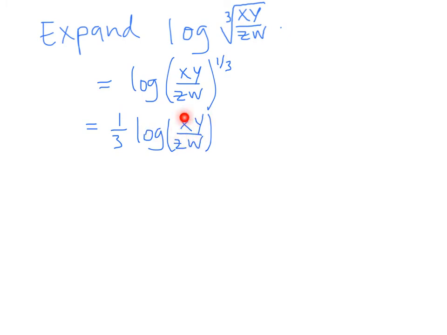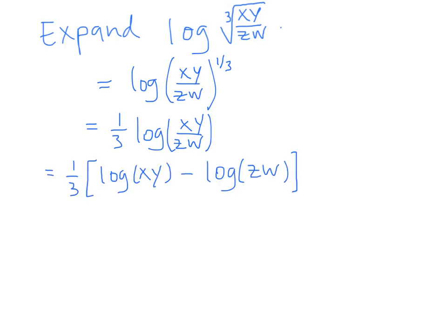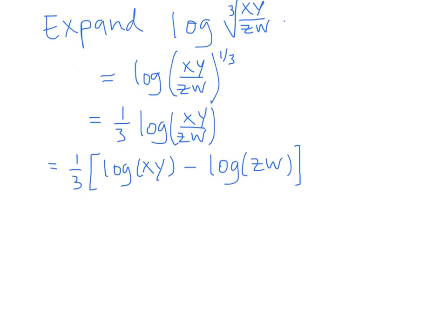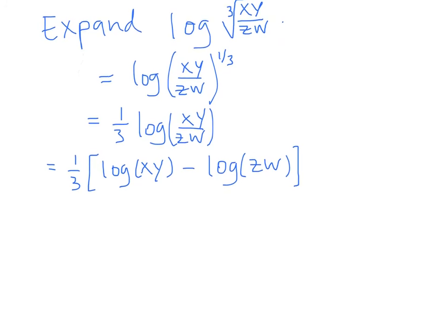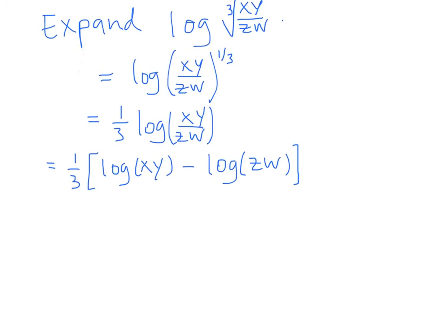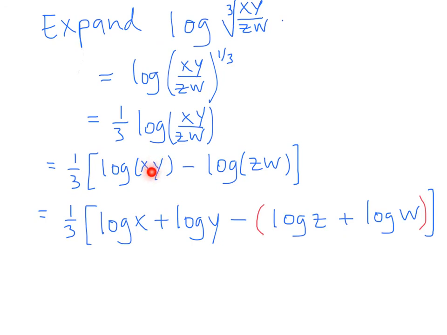Now overall we have a fraction. So we're going to take the log of the top minus the log of the bottom. So we have 1/3 times the log of x times y minus the log of z times w. Now the first one is a product, so we're going to take the log of x plus the log of y, and the next one is a product as well. So log of x times y becomes log of x plus log of y.